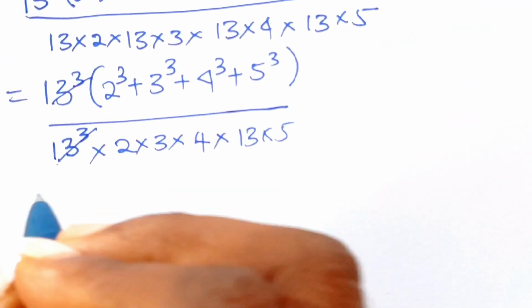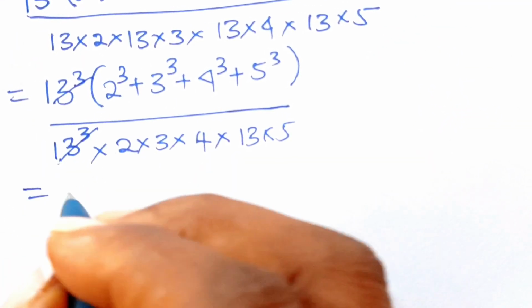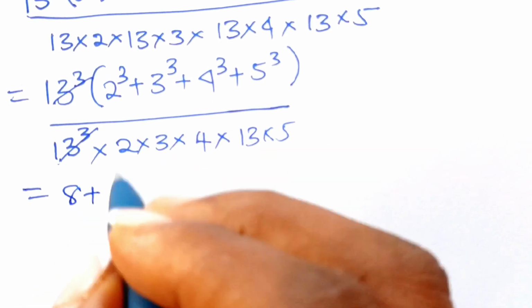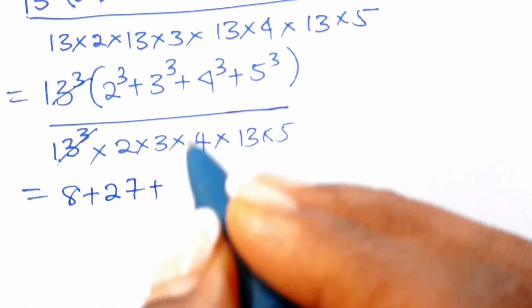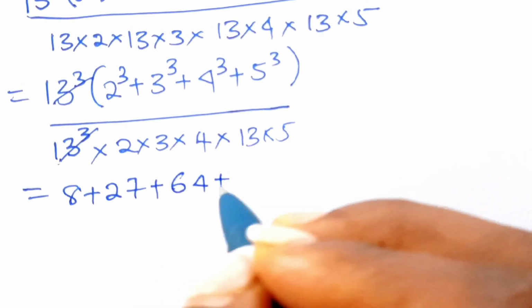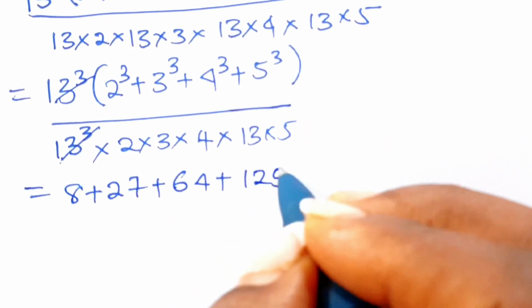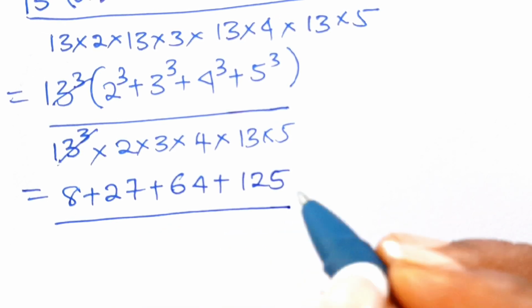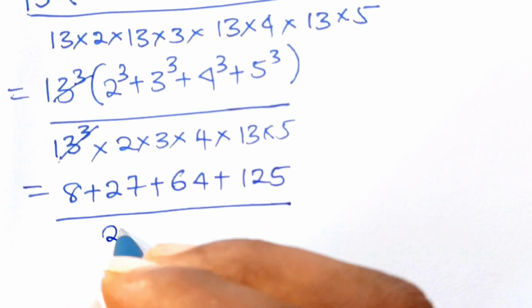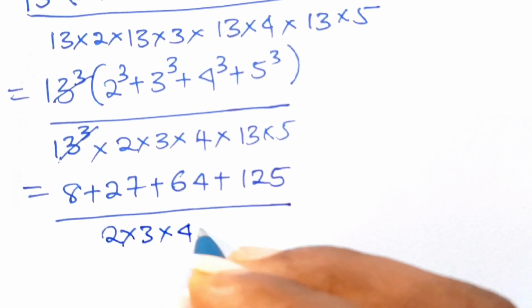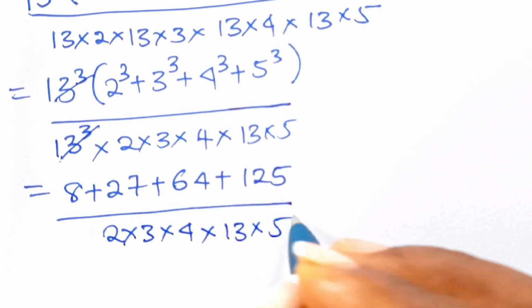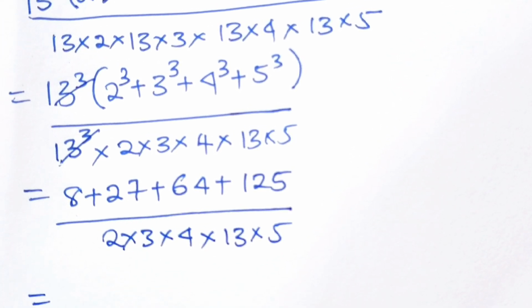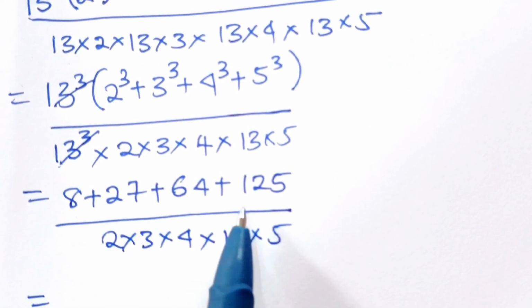Now let's continue. So this is equal to 2 to the power of 3 is 8, 3 to the power of 3 is 27, 4 to the power of 3 is 64, 5 to the power of 3 is 125, divided by 2 times 3 times 4 times 5. Now let's add all that we have here.